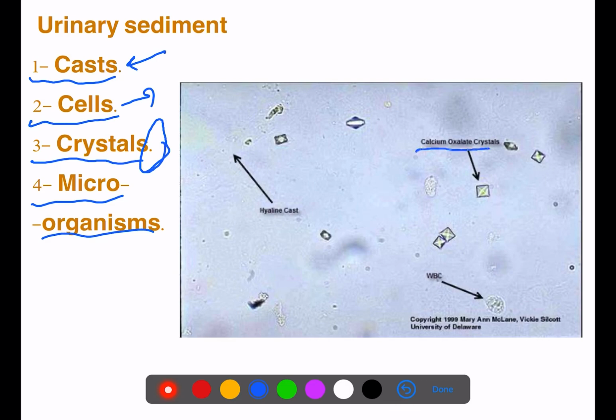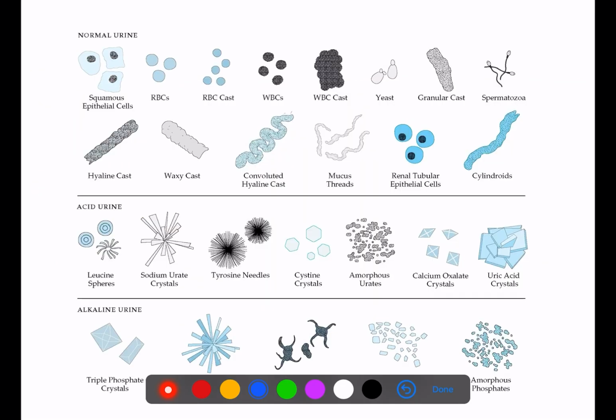The calcium oxalate crystal usually occurs, but there is a cystine crystal, which is a pathological condition. Microorganisms mainly include bacteria within urine.